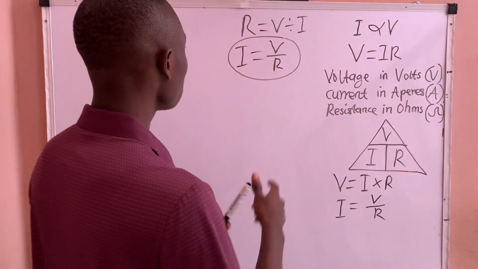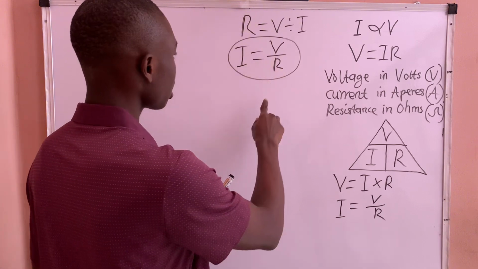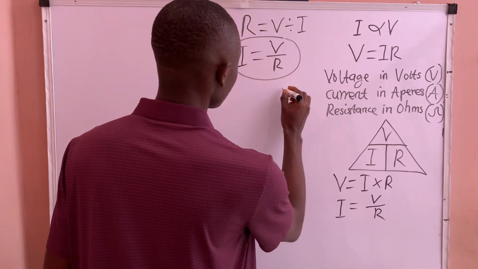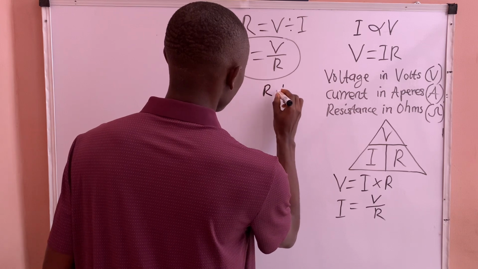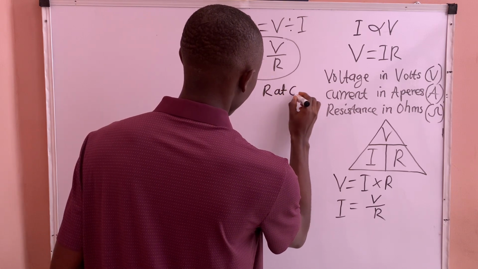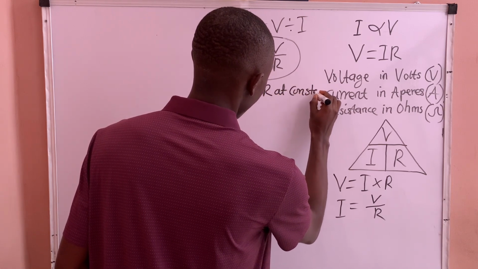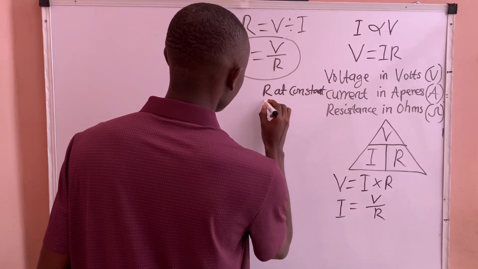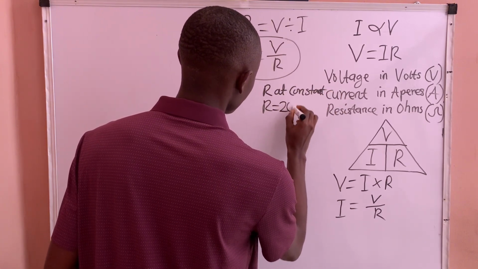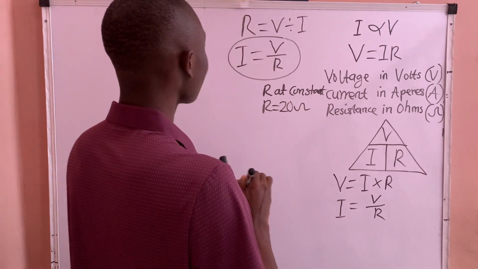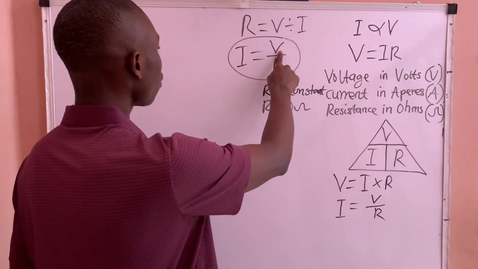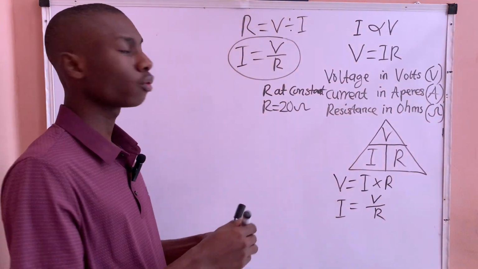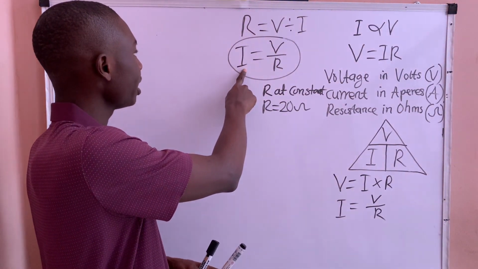So if I make R constant, let me say I make R constant at 20 ohms, and I vary or increase the value of voltage, what will be the behavior of current? Current as well will increase.